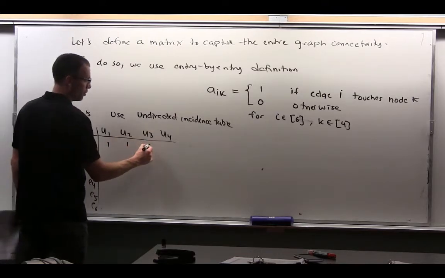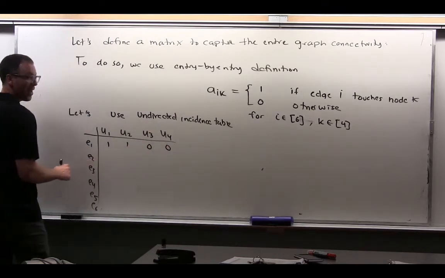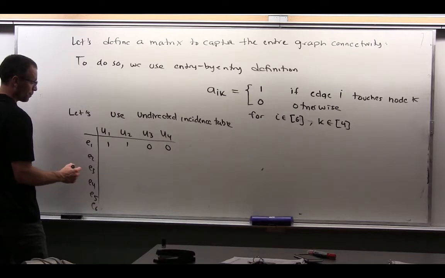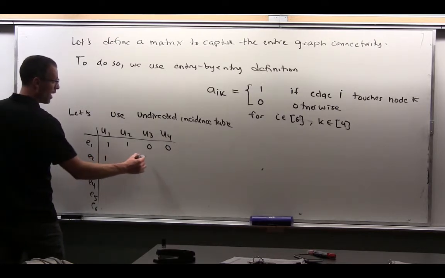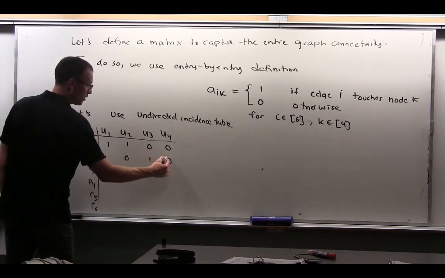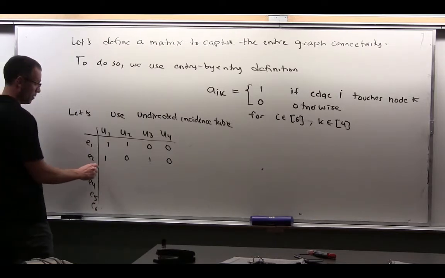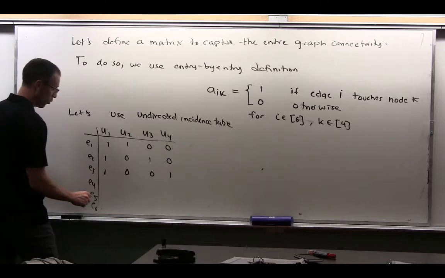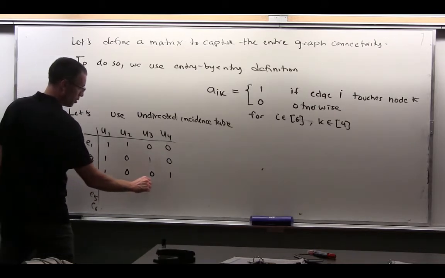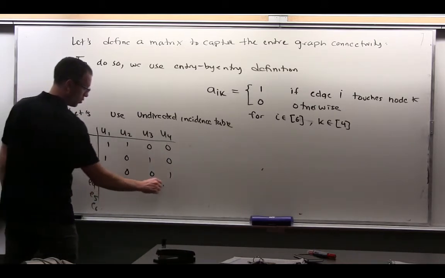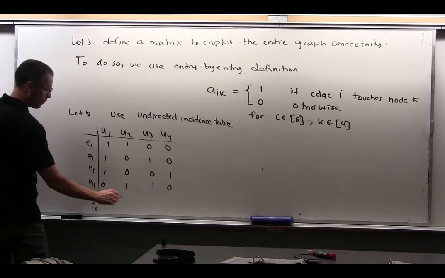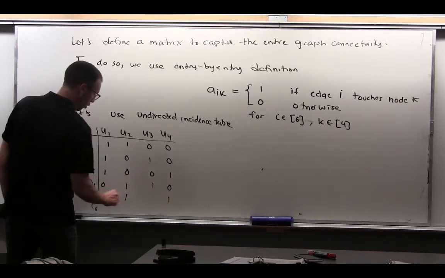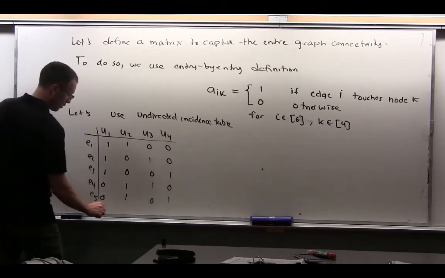What about the other 2? 0, 0. What about edge 2? It touches 1 and 3. Everything else is 0. What about edge 3? 1 and 4. Everything else is 0. What about edge 4? 2 and 3. Edge 5? 2 and 4. Edge 6?